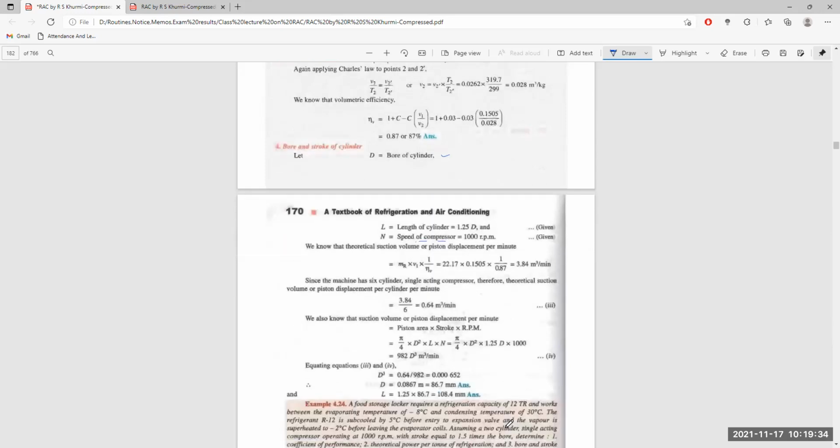If you equate them, then D cube is equal to 0.64 divided by 982, or 0.000652. Taking the cube root, D becomes 0.08675 m or 86.7 millimeter, and L is 1.25 times 86.7, which is 108.8 millimeter.